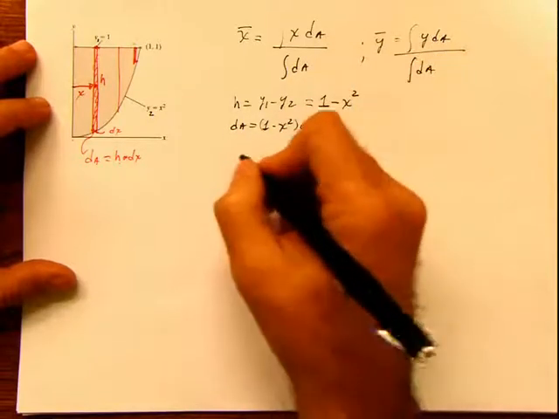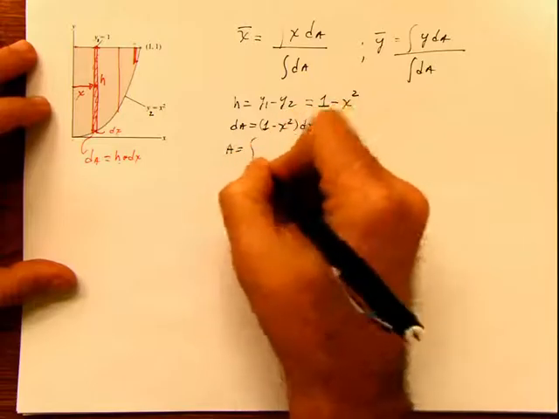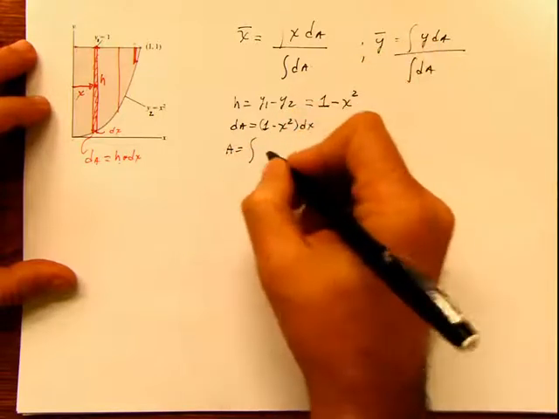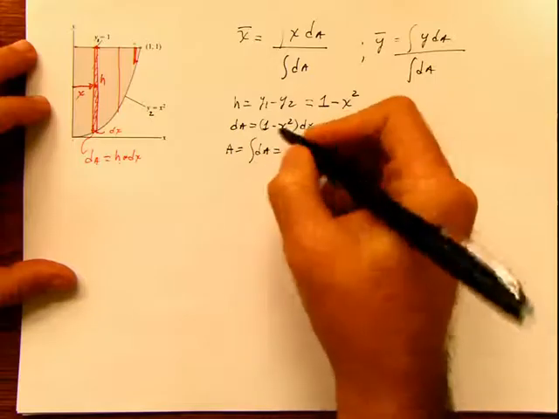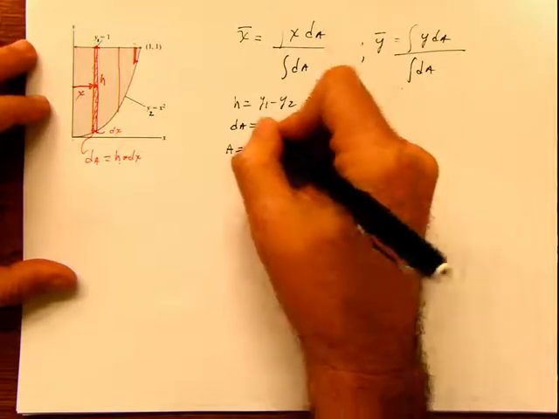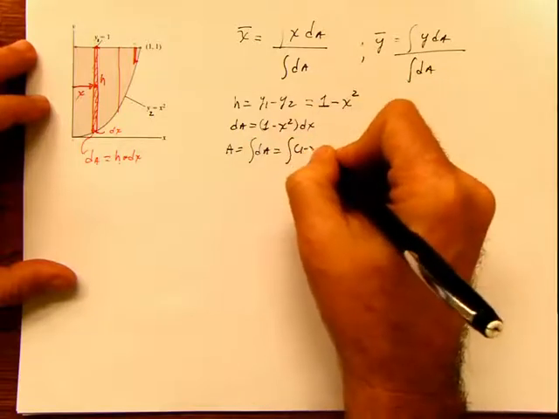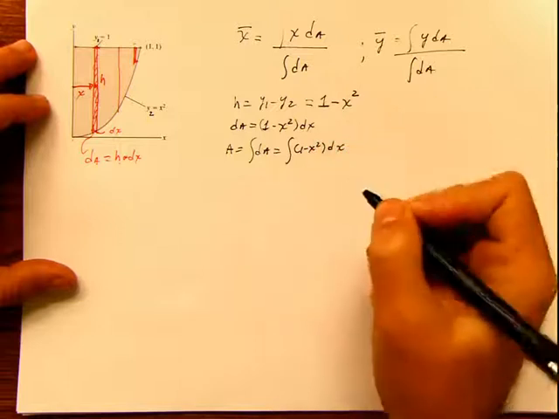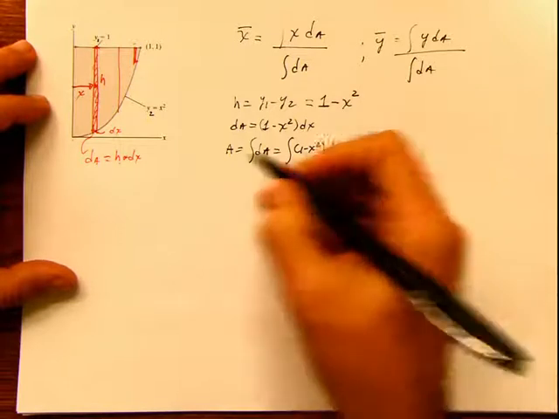If I want to calculate the area, it's the integral of dA, which is equal to the integral of 1 minus x squared dx. And this is defined between what and what?